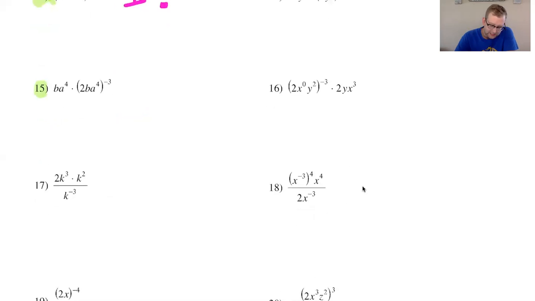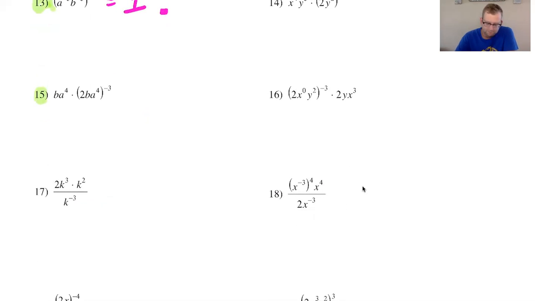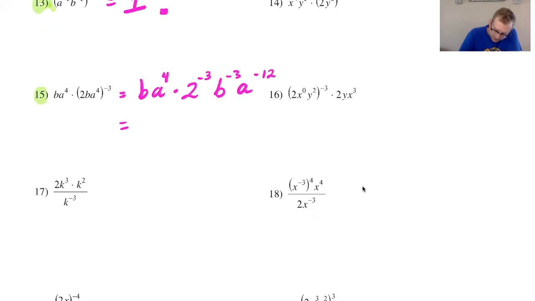In number 15, let's go ahead and, how do I want to do this? Well, let's just get started and see where my process takes me. So I have 2 to the negative 3rd, b to the negative 3rd, and then a to the negative 12. So 2 to the negative 3rd is 1 over 2 cubed. a is going to be 4 plus a negative 12, which is a negative 8.